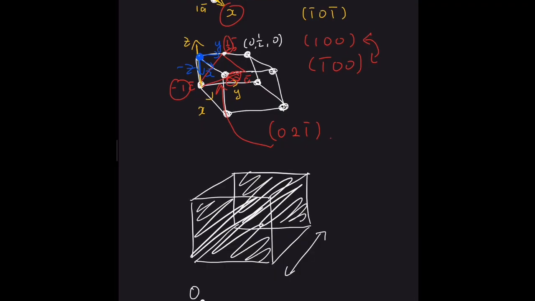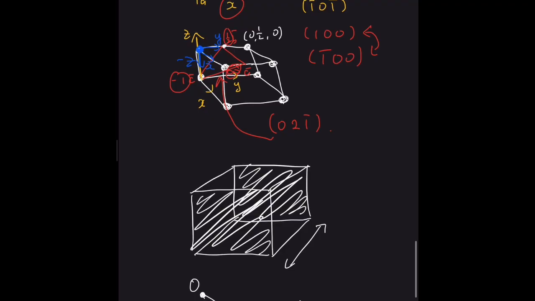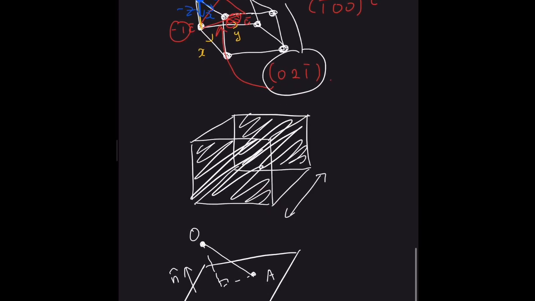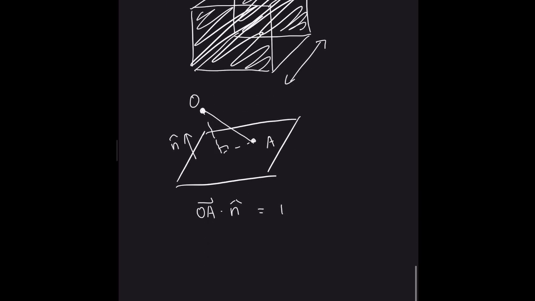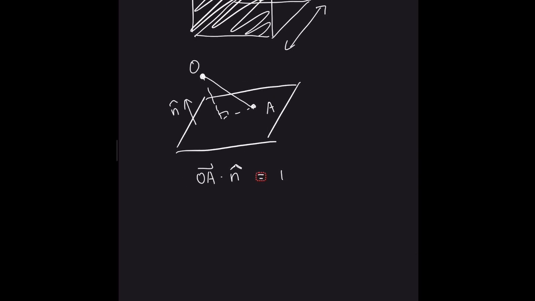And when you do the dot product of this together with the Miller index of the plane, you will always get 1. So that's what it means. So your OA times your normal will just be 1. Your OA dot your normal. So this is the dot product.